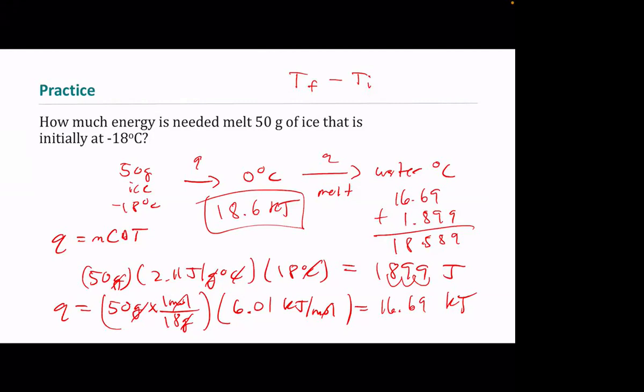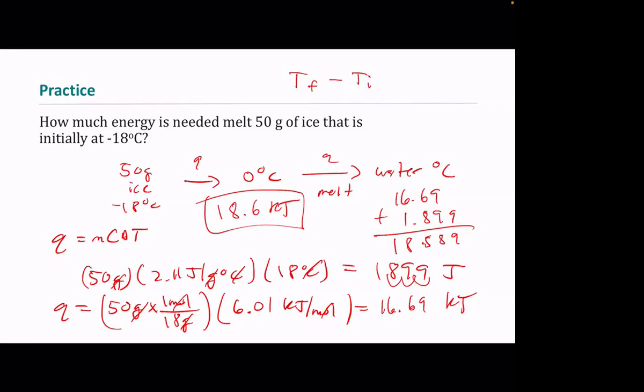On the phase changes for the fusions, do you use the value that it's going to or coming from? There's only one value. So heat of fusion will be whether you're melting the ice or freezing the water. Heat of vaporization will be whether you're boiling it or condensing it, doesn't matter.